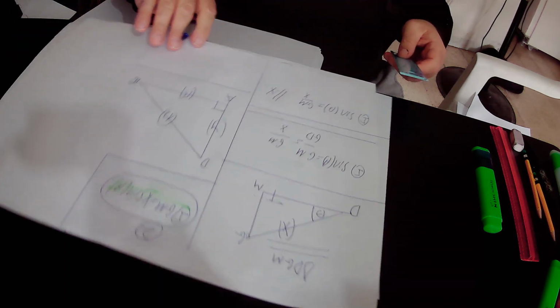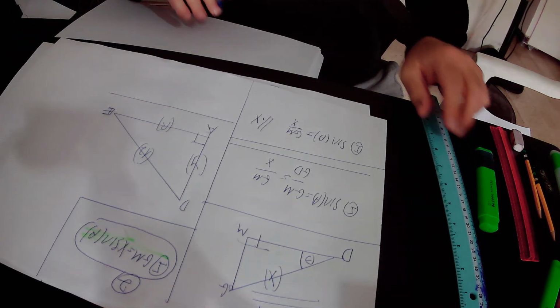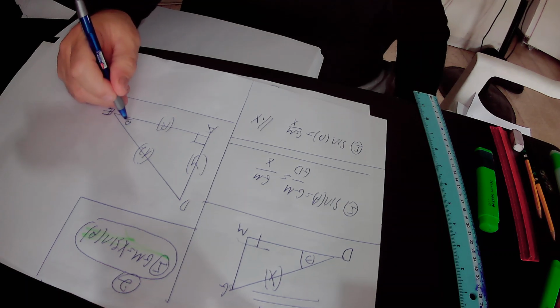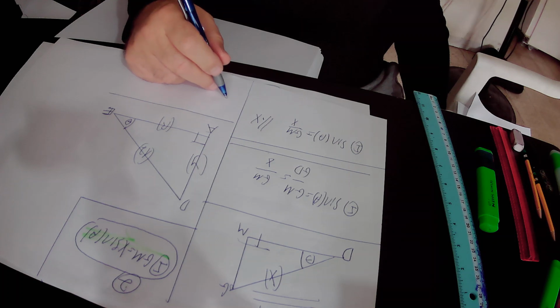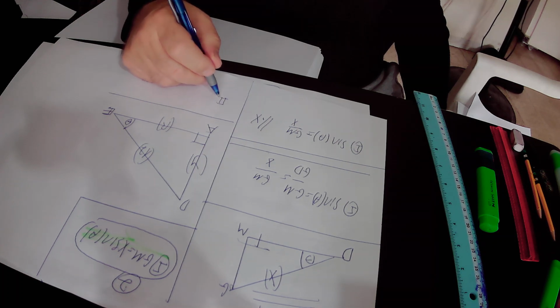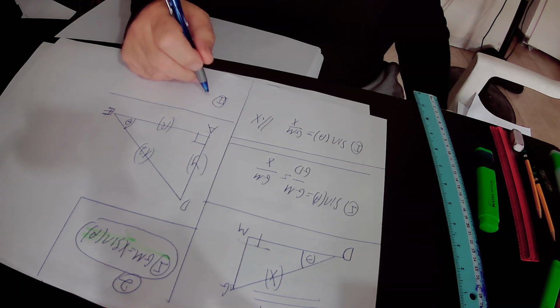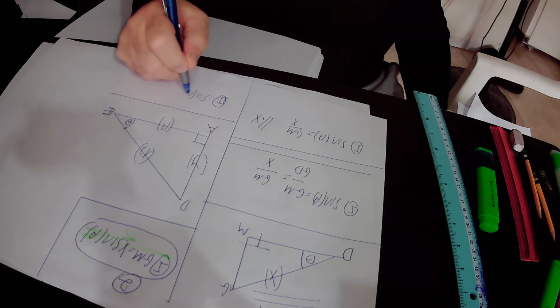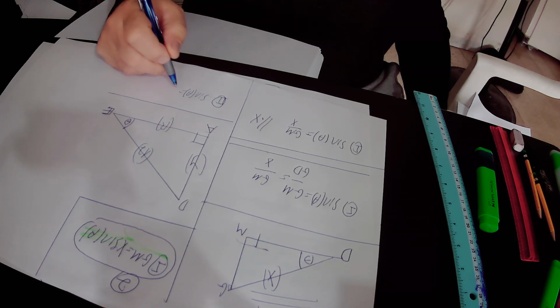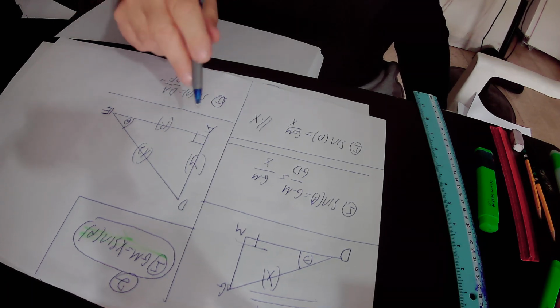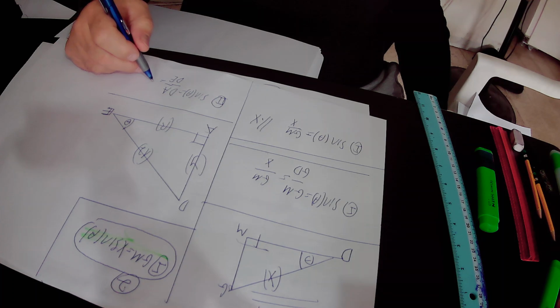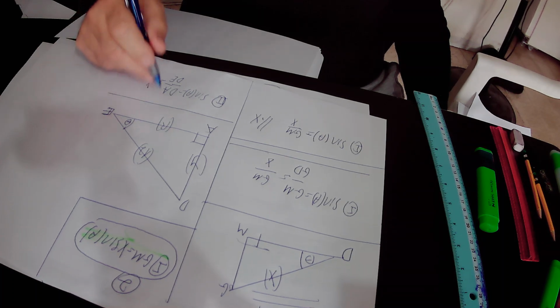So this is the right triangle ADE that I copied from the original drawing. This is again theta, of course. So in the right triangle ADE, it is very easy to see that sine theta equals DA over DE. So sine theta equals DA, that is Y, over DE, that is 12.